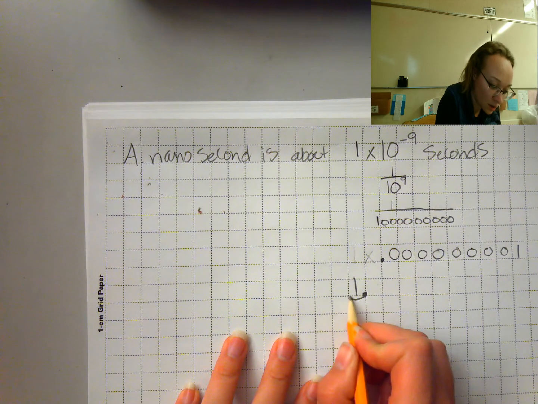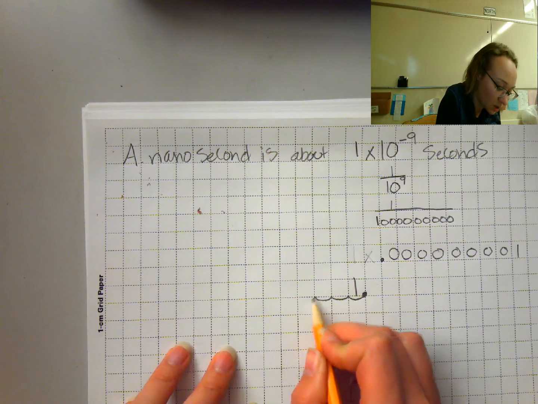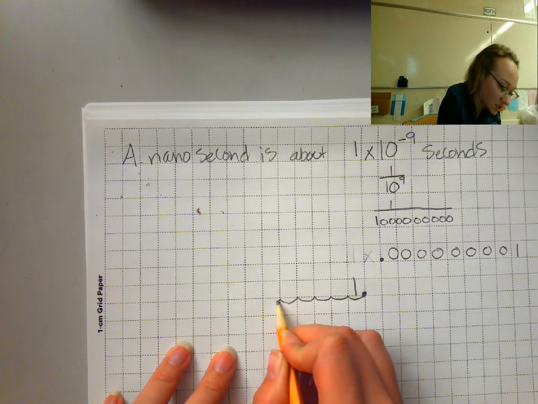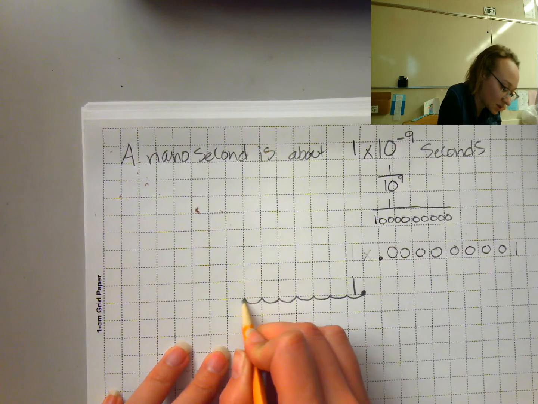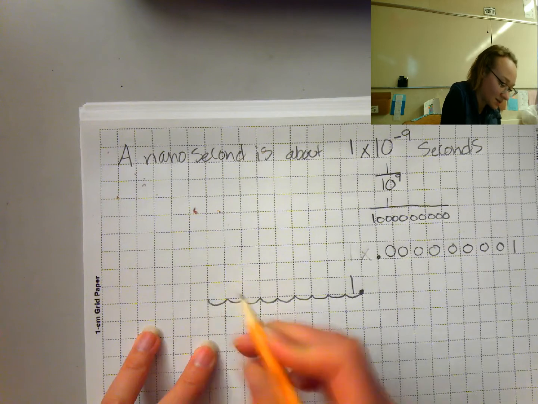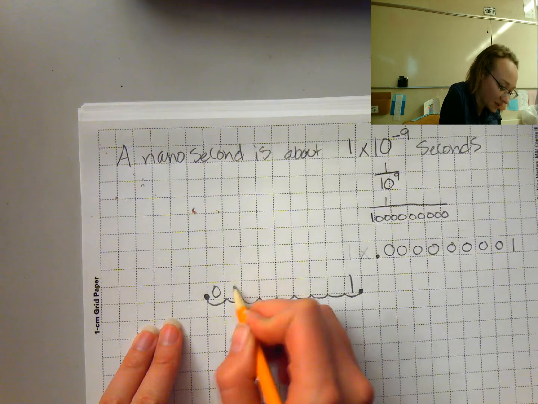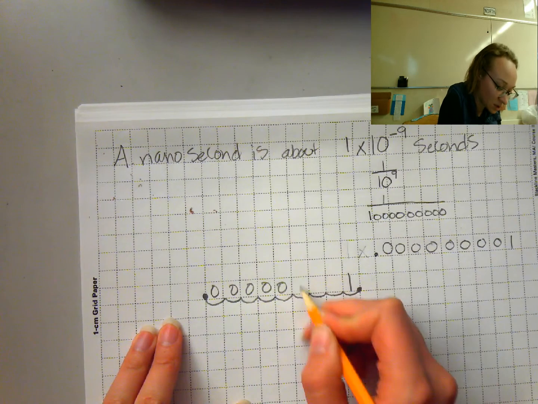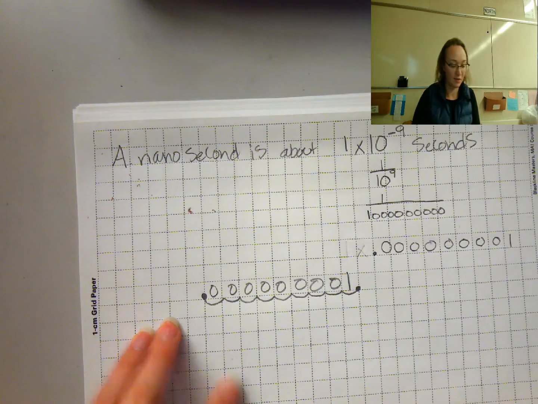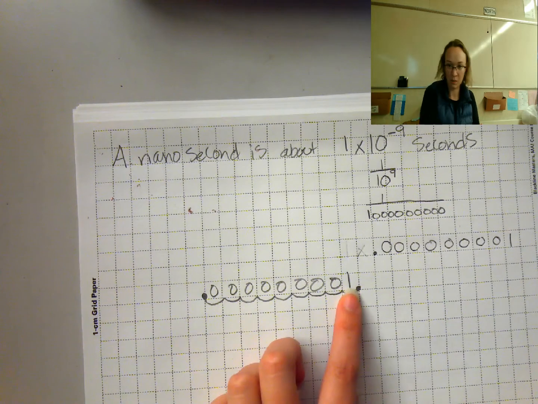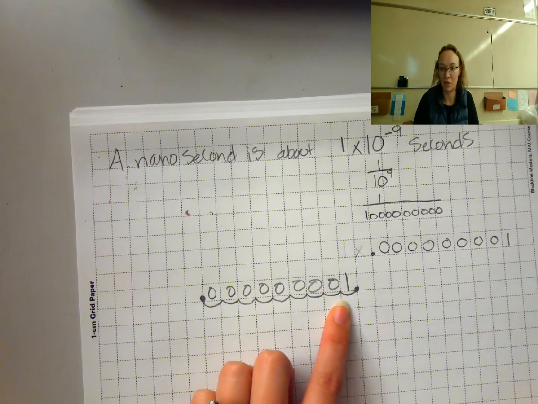So 1, 2, 3, 4, 5, 6, 7, 8, 9. I put my decimal there, I fill in my zeros, and that gives me 8 zeros before the 1 because I had to use up one of them getting to the other side.